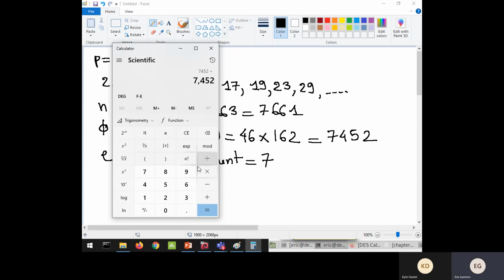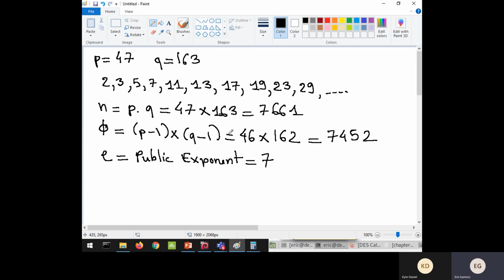They are co-prime. So let me try. 7,452 divided by 7. Okay, it does not divide it. So they are co-prime. So now what should I resolve? I need to resolve this equation. The public exponent times the private exponent must be congruent to 1 modulus the totient.